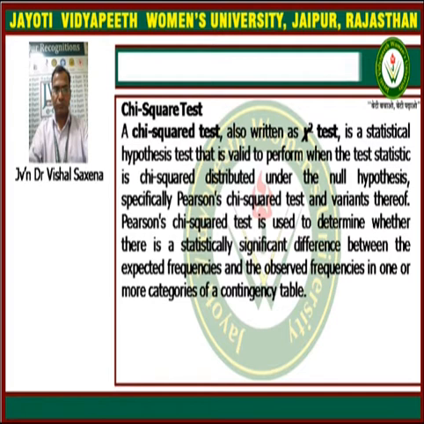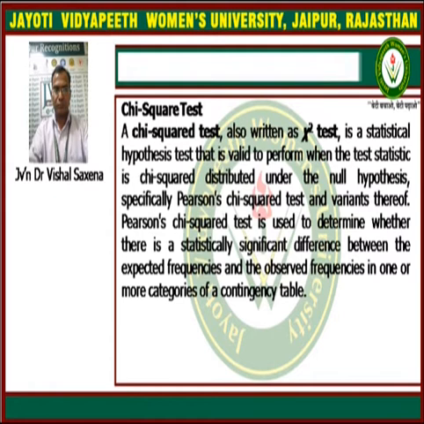Initially the chi-square test is mentioned there. We can see the notation for it. It is a statistical hypothesis test which is valid to perform when the test statistic is chi-square distributed under the null hypothesis. That means under the null hypothesis we can check whether the test statistic is chi-square distributed or not.